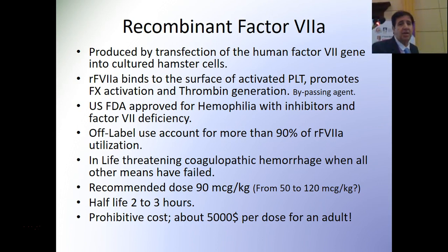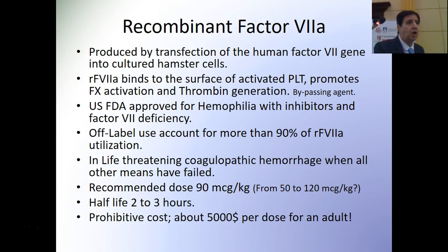As I said, it is FDA approved for hemophilia with inhibitors and factor 7 deficiency. However, the off-label use of recombinant factor 7A accounts for more than 90% of its utilization. So out of 10 prescriptions of recombinant factor 7, only one is FDA approved, and the 9 others are off-label.